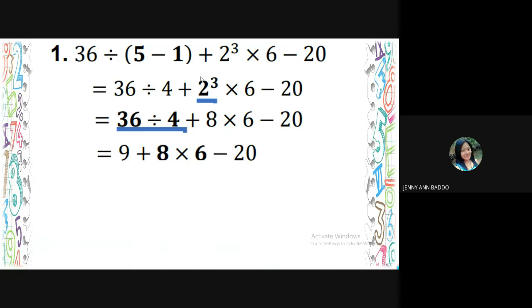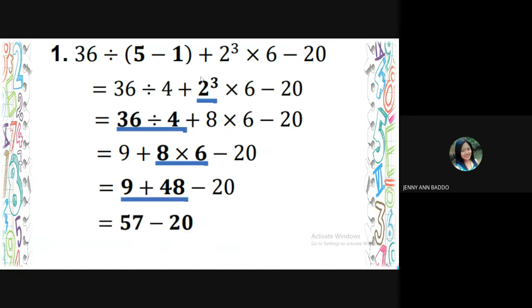And then next, we have the multiplication. 8 times 6 is 48. Then 9 plus 48 is 57. Bring down minus 20. And 57 minus 20 is 37. So the answer for number 1 is 37.